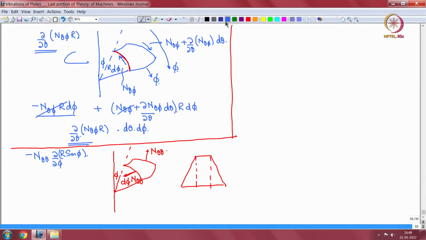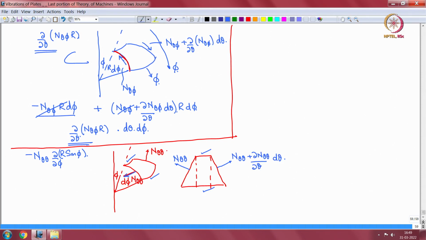This edge is this edge, and n theta theta is coming out like this. On the left side it is n theta theta, on the right it is n theta theta plus del n theta theta by del theta d theta.